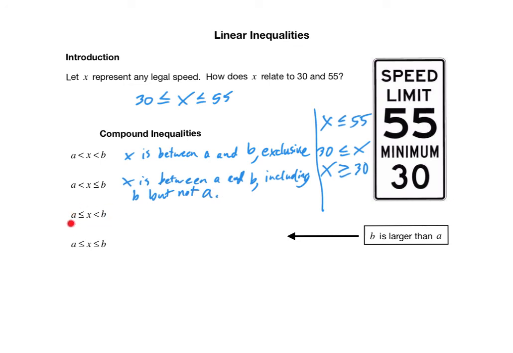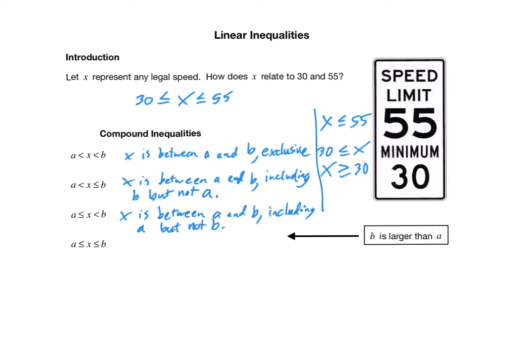The way that this one should be read is x is again between a and b, but this time it's including a, but not b, because the equality part is over here with respect to a. So x is between a and b, including a, but not b.